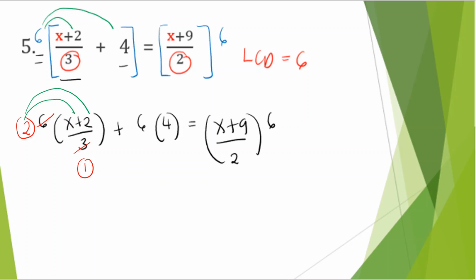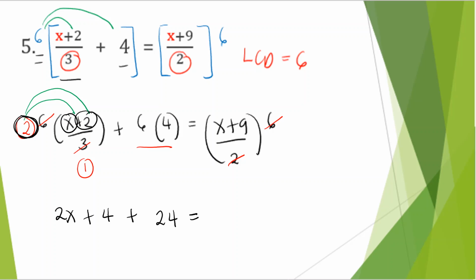So we have 2 times x is 2x. 2 times positive 2 is positive 4. Plus 6 times 4 is 24, is equal to... 2 and 6 are both divisible by 2.